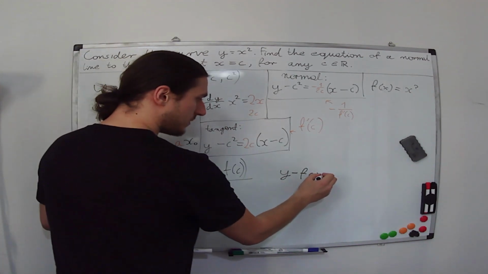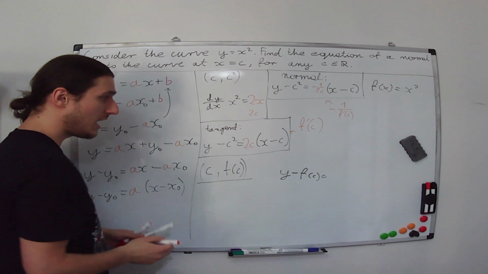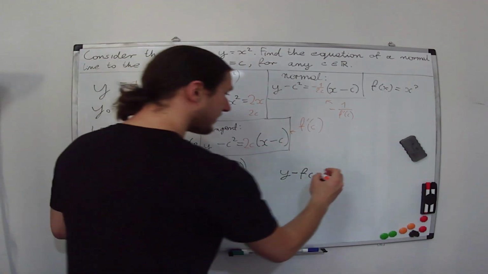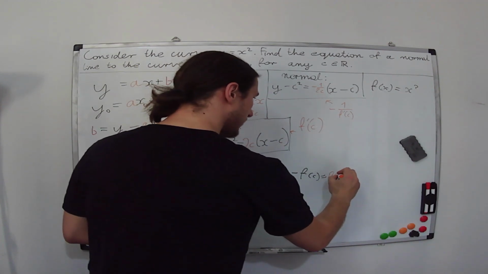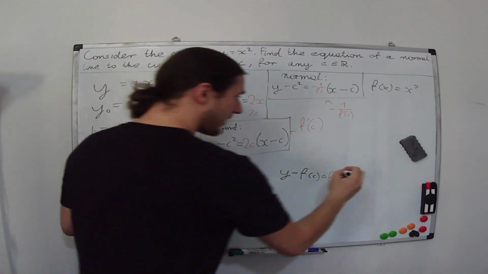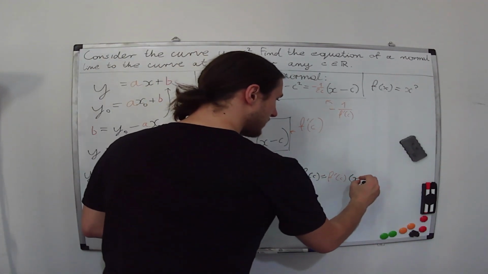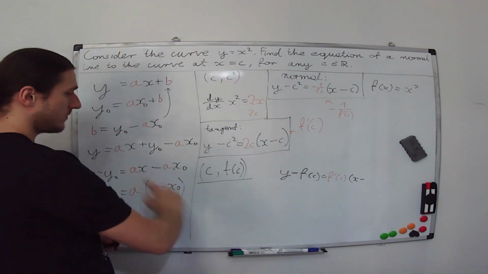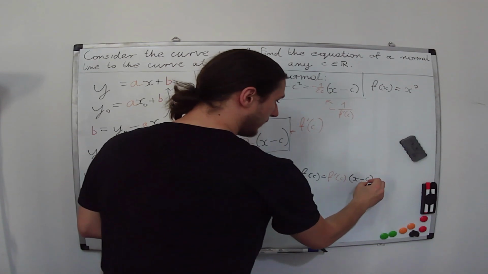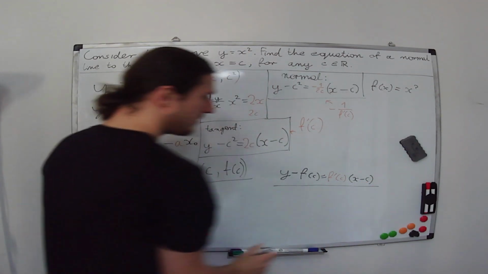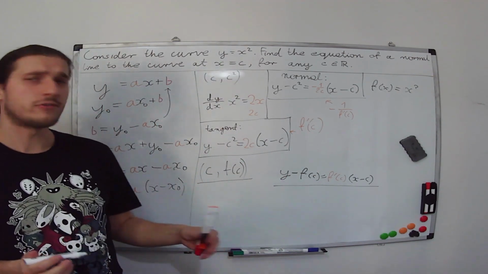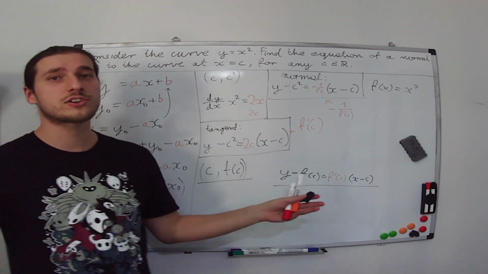And that all equals our gradient, which is just the derivative of that function, so the first derivative of the function at point c. And in the brackets, we have the value of x minus, right here, c, since x equals c. And this is the general equation for a tangent to any function you can imagine.